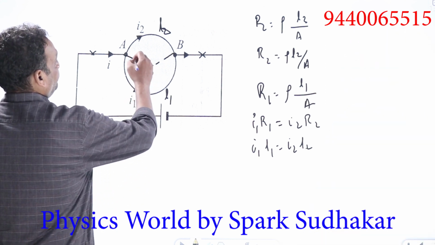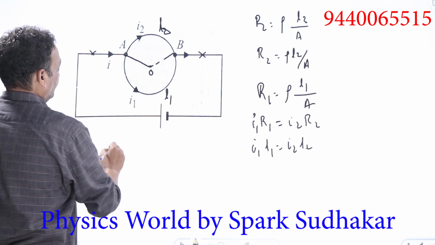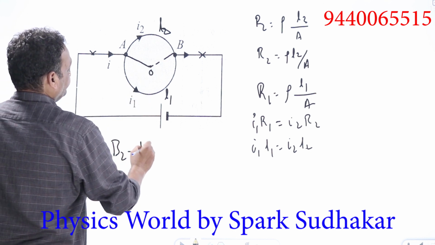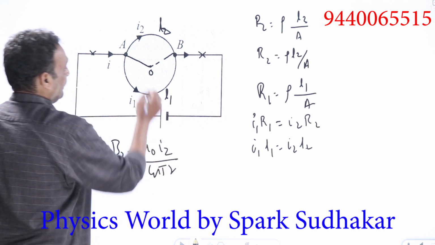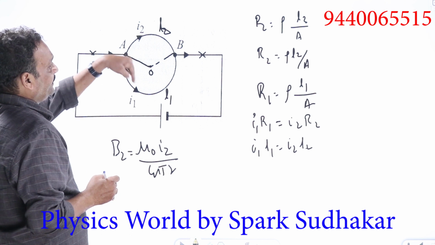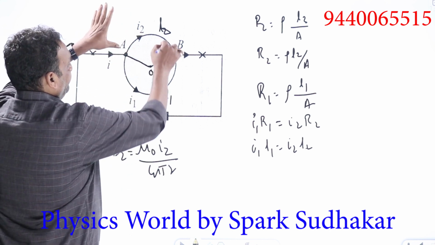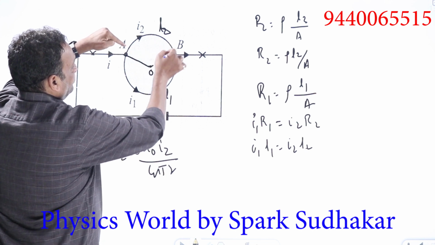So what is B due to this segment and this segment? Due to this segment, let us call it B2, equals mu naught I2 by 4 pi r, where r is the radius of the circle, into phi, the angle subtended by this segment at the center O. What is the angle subtended? Phi equals arc length by radius.